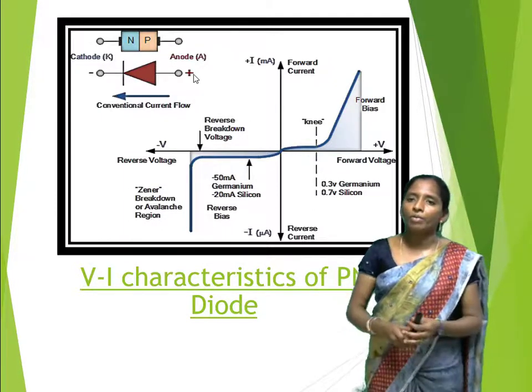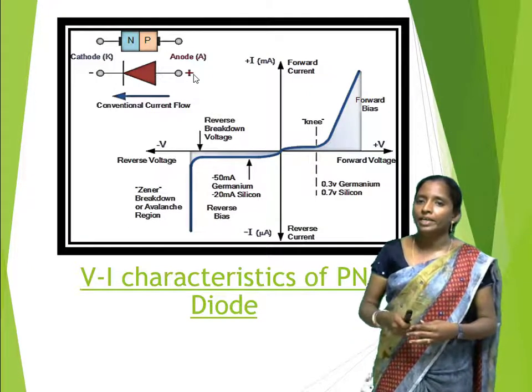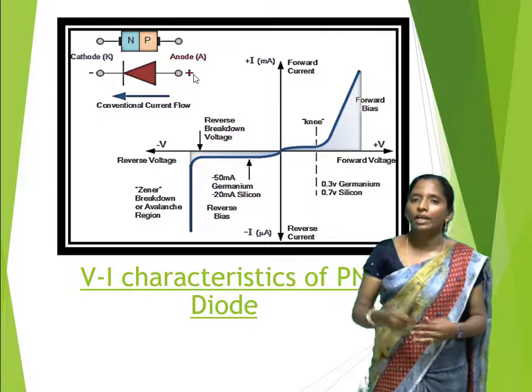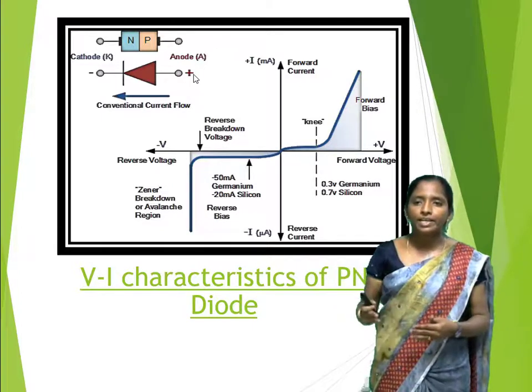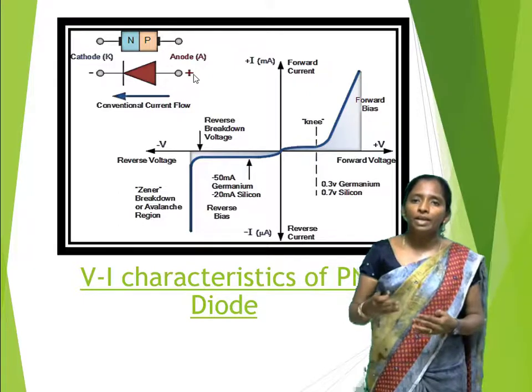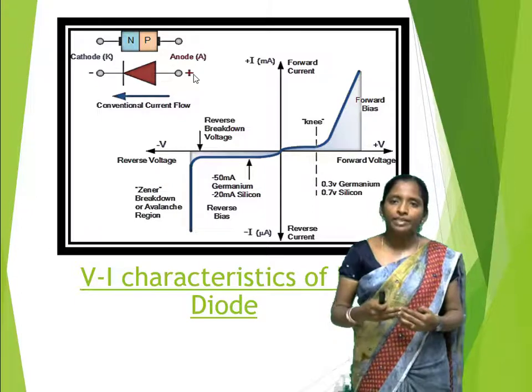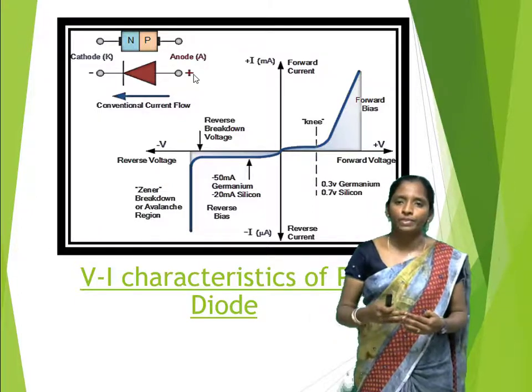In the forward bias characteristics, the voltage is taken on the x-axis in volts, and the current is taken on the y-axis in milliamps, because in forward bias condition the current appears in milliamps.